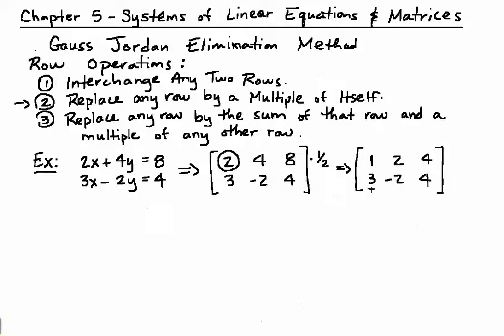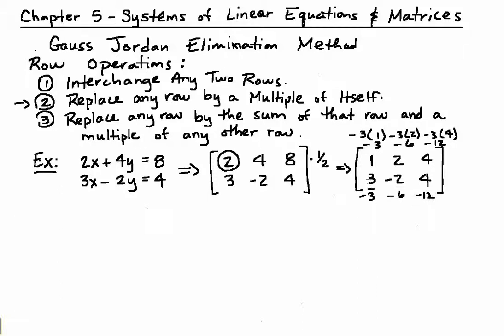So we need a multiple of the first row so that the first entry is -3. Well, if we multiply the first row by -3, that will make the first entry -3. So that would give us 0 in the first entry.